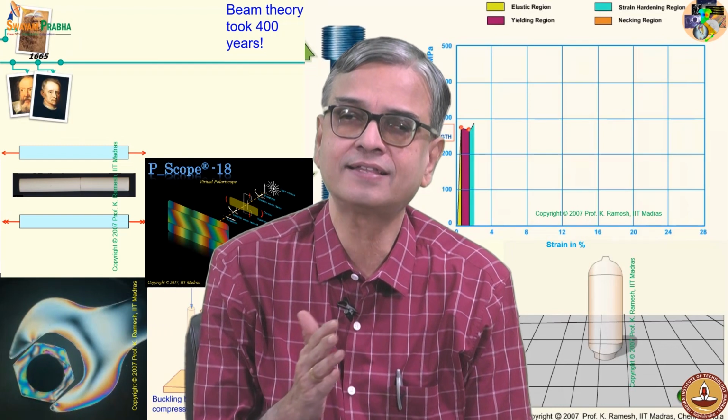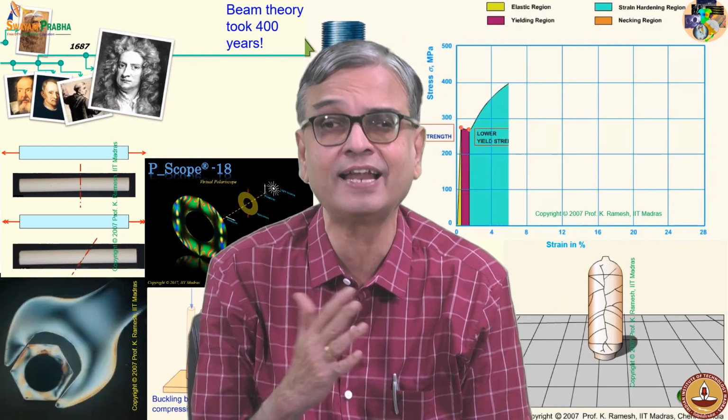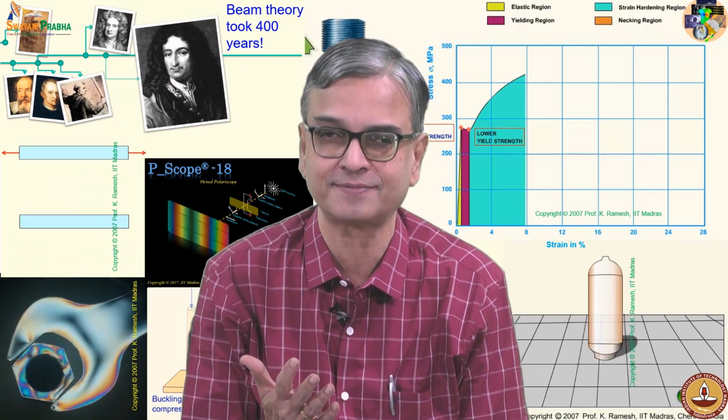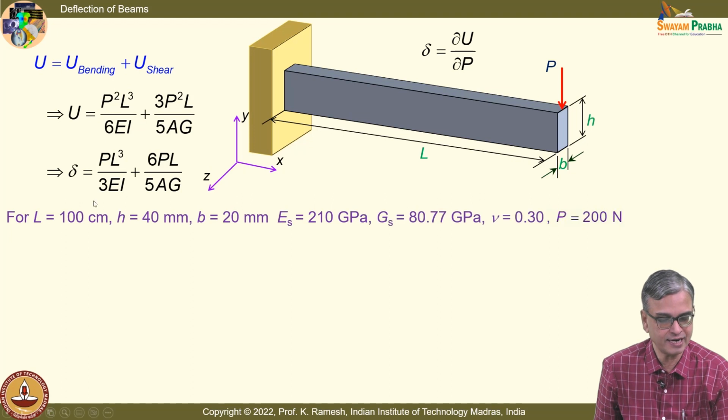When you look at this as an expression, you don't get a feel for the relative magnitude of these displacements. So, it is worthwhile to take up numbers, and I have taken a beam which has a length of 100 centimeters, and your H is comparable to the length.